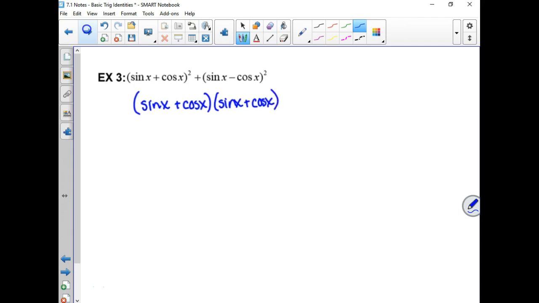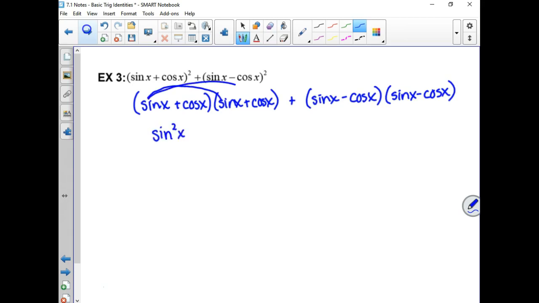And when we see sine x minus cosine x squared, that means sine x minus cosine x times sine x minus cosine x. So here we have to FOIL this out. We'll get sine x times sine x is sine squared x plus sine x cosine x plus sine x cosine x plus cosine squared x.